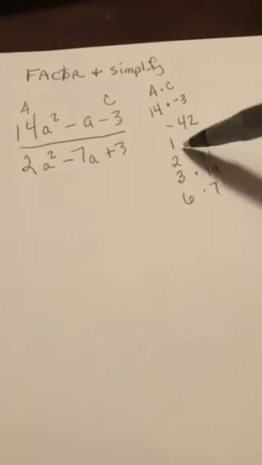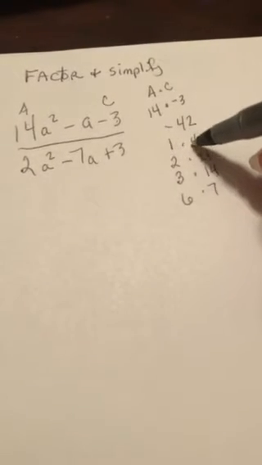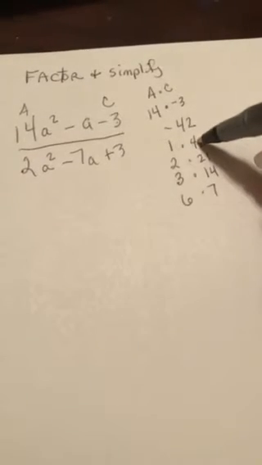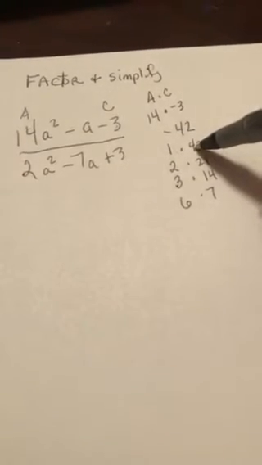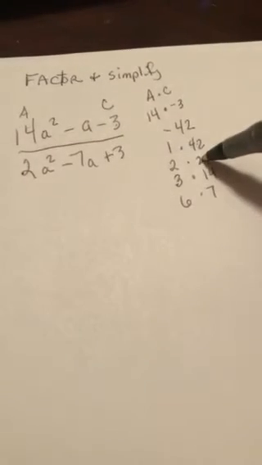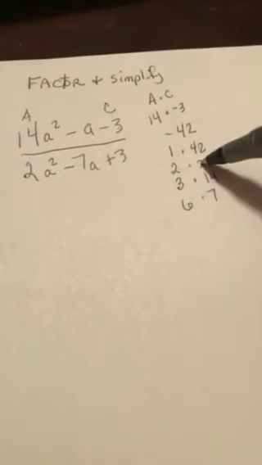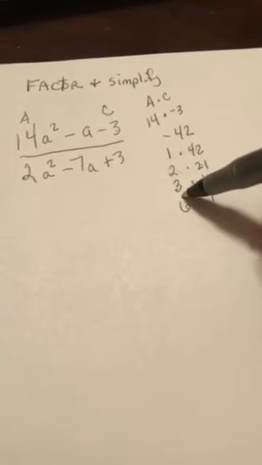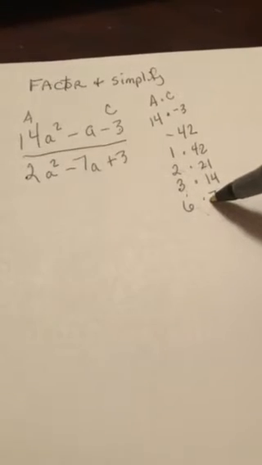And the cool thing, when you list them like this, you know you have them all because whatever comes after the previous set, like we put the 1 and 42 down, then the next set has to come from between 1 and 42, which sure enough 2 and 21 are between there. And then the set after this one comes from between here, and the next set was 3 and 14, that comes from between there. And then I tried 4 and 5 and that didn't work. 6 worked, and I know I'm done because there's no number between 6 and 7.